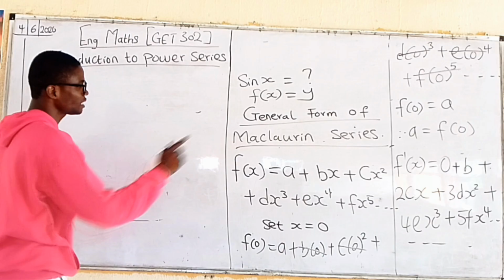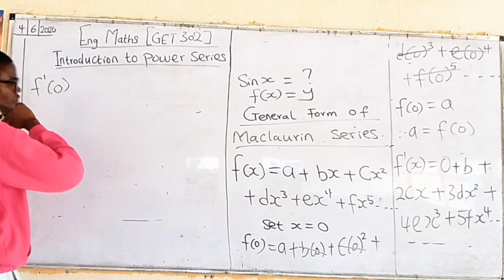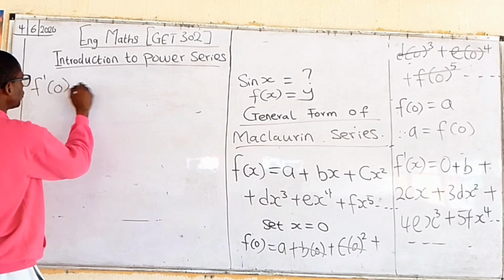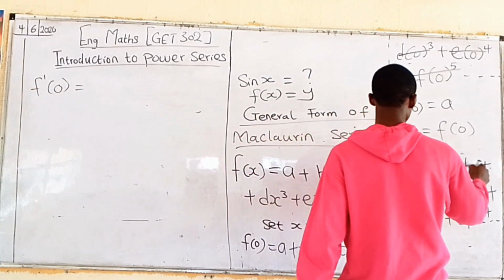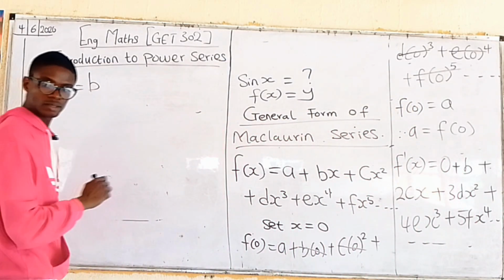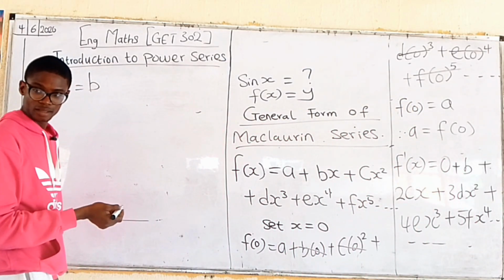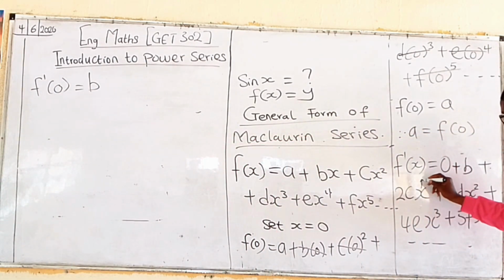So in that case, if you set x to be 0, you have f prime of 0. This gives you b, because there is no x there. So we'll have ordinary b, right? If I put 0 here, everything will be 0.